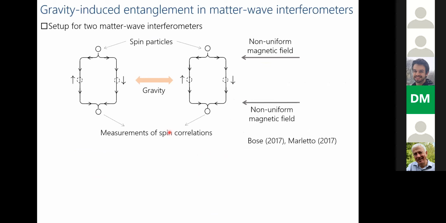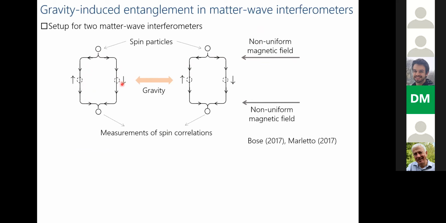In the following, I would like to review the proposal using two matter wave interferometers to test gravity-induced entanglement. In this proposal, we prepare two spin particles. Each particle in the interferometer is superposed by a non-uniform magnetic field. The particles are coupled with each other by the gravitational interaction.